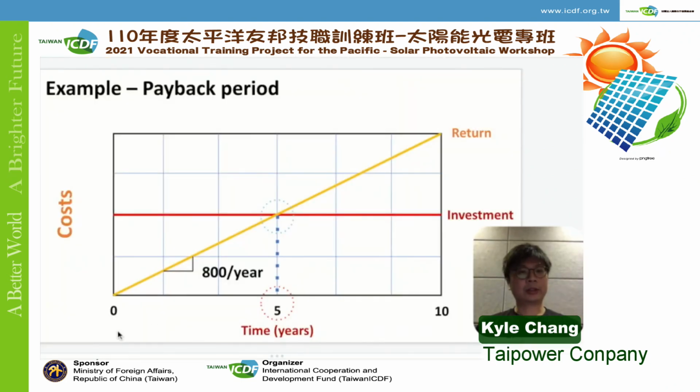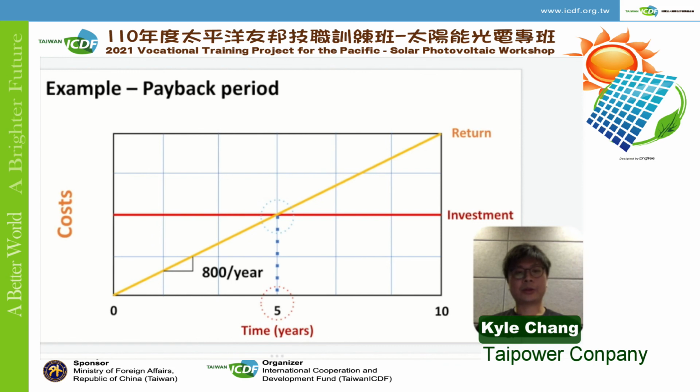And next, we can illustrate this situation in a graph. Here we can see a straight line representing the initial investment cost. Since the PV system has no maintenance cost, the overall cost of the system does not increase over the years.